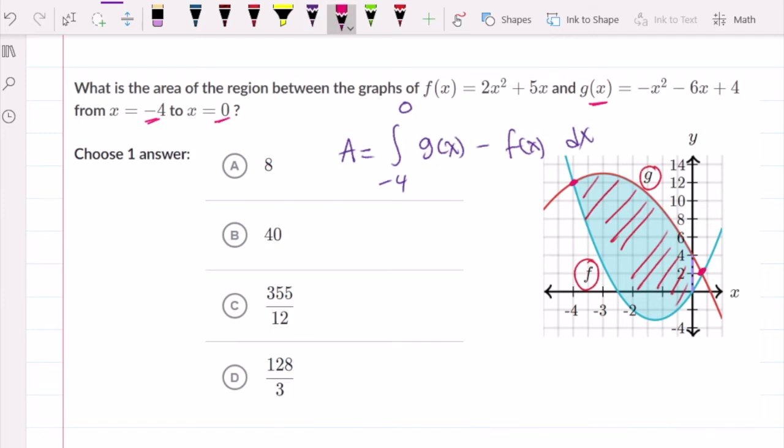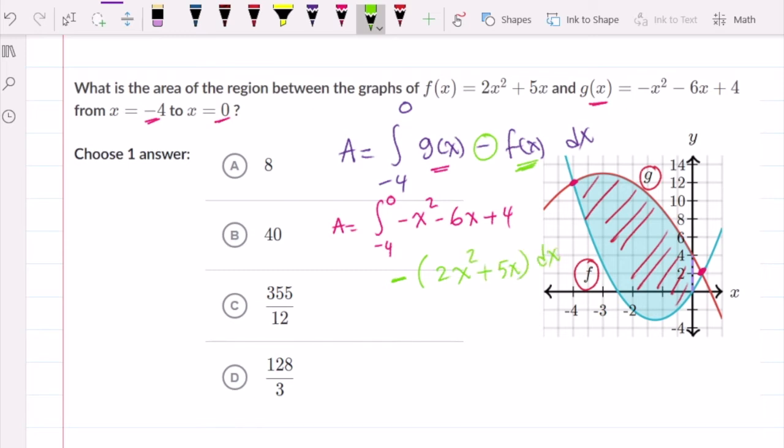Let's substitute g of x by -x squared. The area should be equal to the integral from -4 up to 0 of -x squared minus, and here we have to put a negative sign, but after you put the negative sign, don't forget to make a bracket, because the negative sign applies to the whole function f of x, not the first term only, (6x plus 4) minus the function 2x squared plus 5x dx.